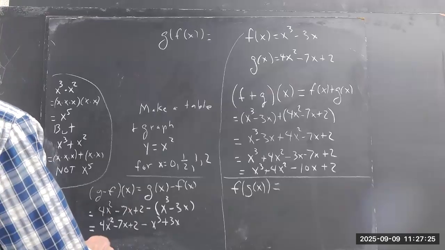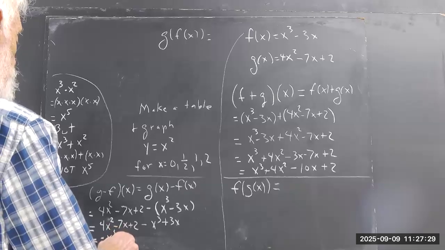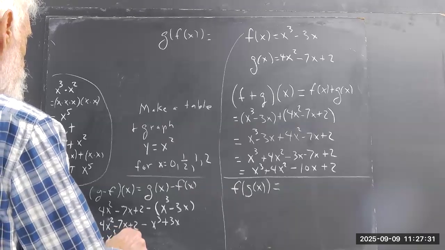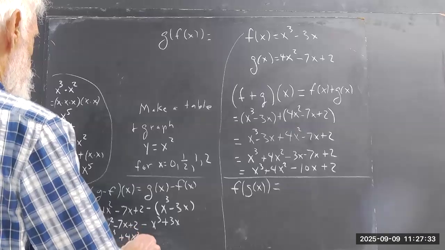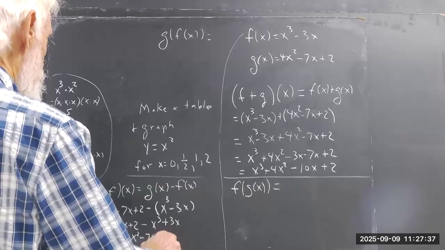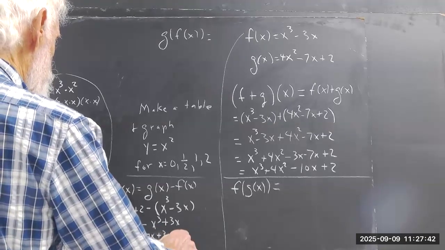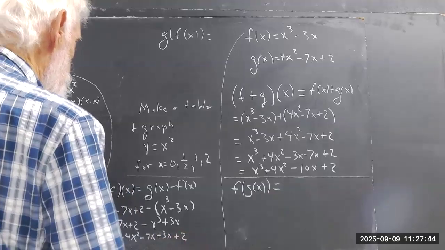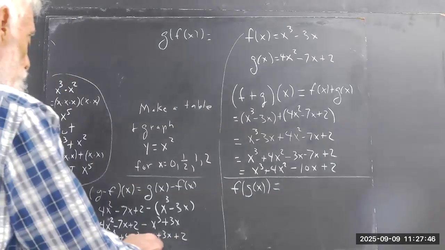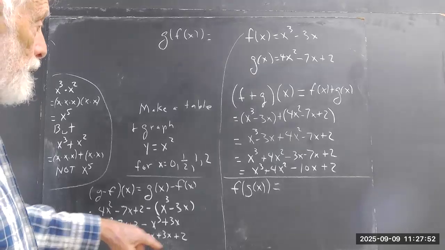Okay. So we put this in the order of exponents. And we see the 7x and the 3x go together.